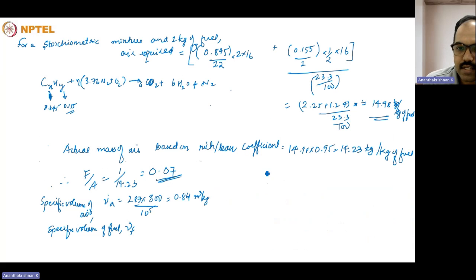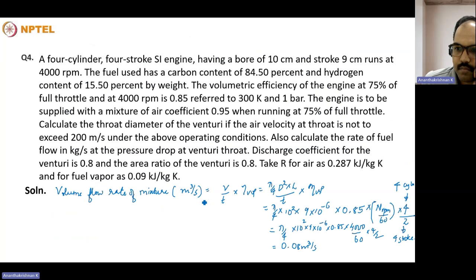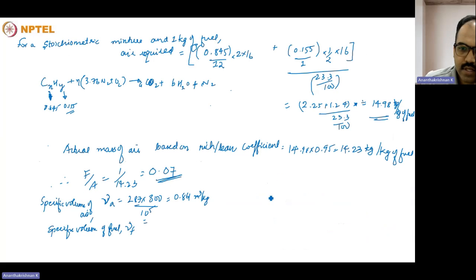So R is given as 0.09 kilojoule per kilogram Kelvin. So the specific volume of the fuel will be equal to 90 into 300 divided by 10 power 5. That is 0.27 meter cube per kg.